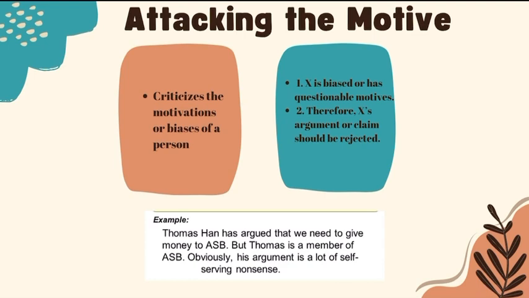Pattern of this fallacy: X is biased or has questionable motives, therefore X's arguments or claims should be rejected. And here is an example. Thomas has argued that we need to give money to ASB, but Thomas is a member of ASB. Obviously, his argument is a lot of self-serving nonsense.